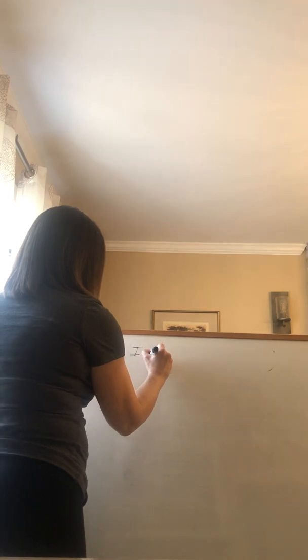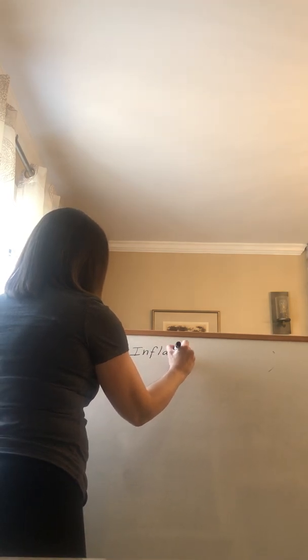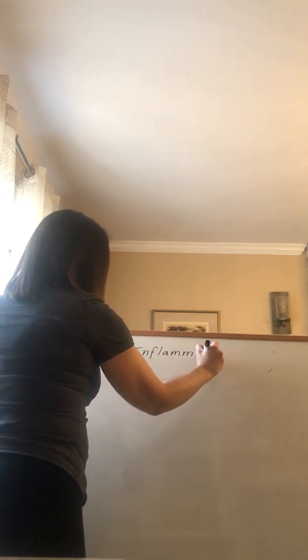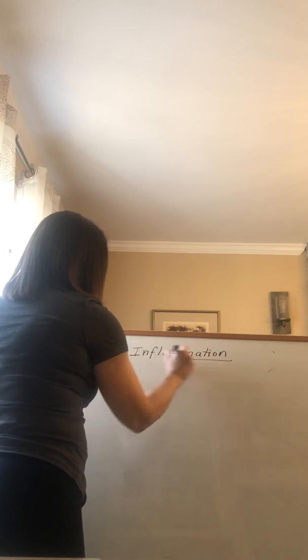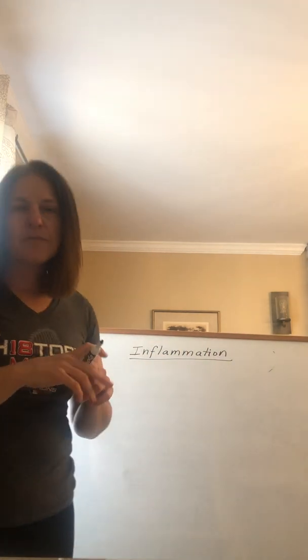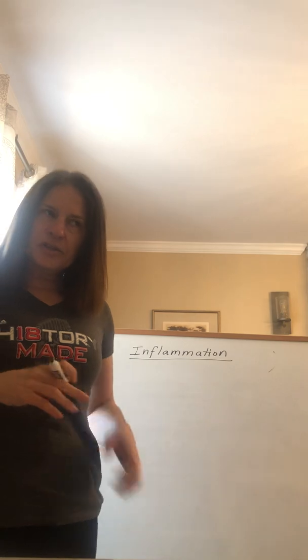Okay, so now we're going to talk about one of the most important things that's part of your innate immune system, and that is inflammation. Okay. There's a lot of confusion around inflammation.